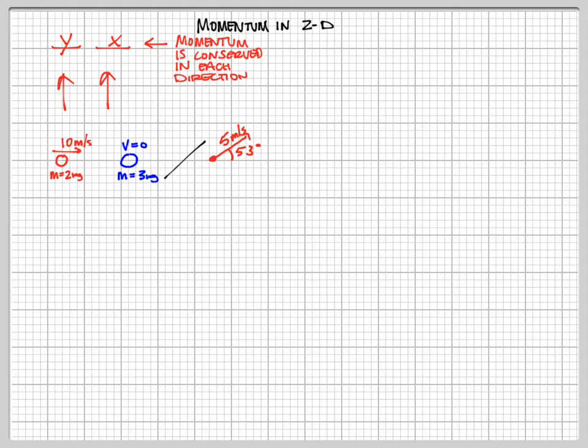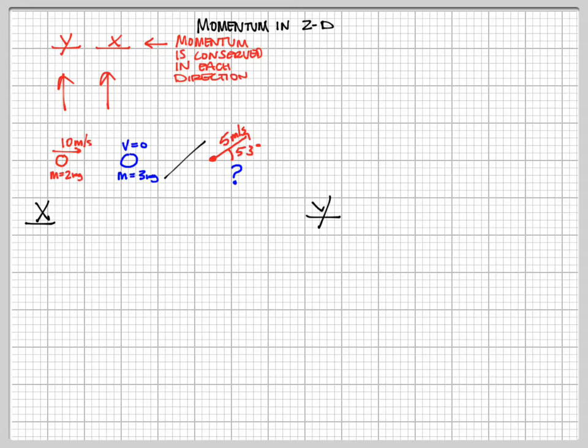And what we're after is, what does the blue ball do? What is its velocity and the direction of that velocity? So, like I said, we have to break this up into the x and the y direction. We'll look at x direction stuff over here, and y direction stuff over here.